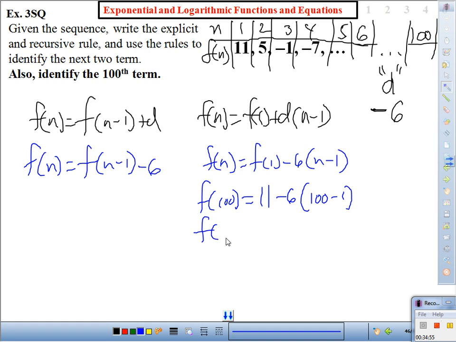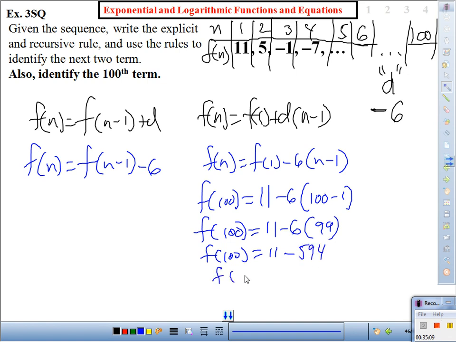F of 100 equals 11 minus 6 times 99. F of 100 equals 11 minus, what is 6 times 99? That's 594. F of 100 equals, that's negative 583. Oh, I didn't even have to find the other one.